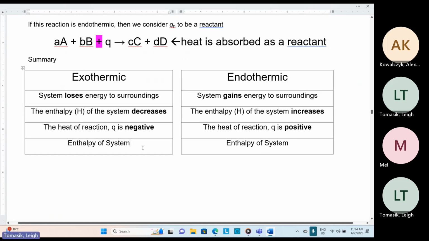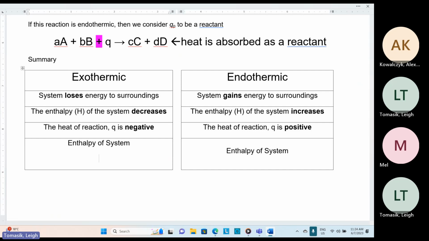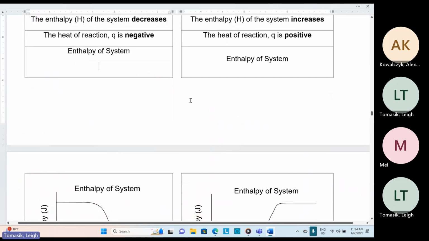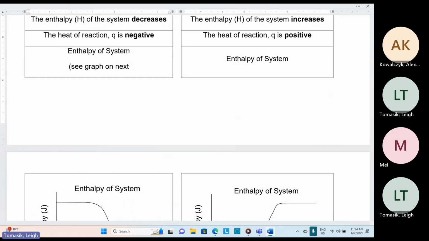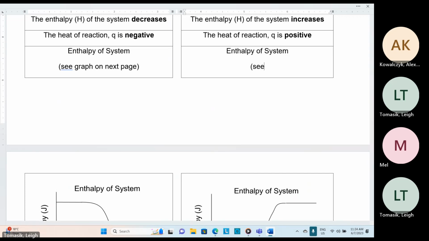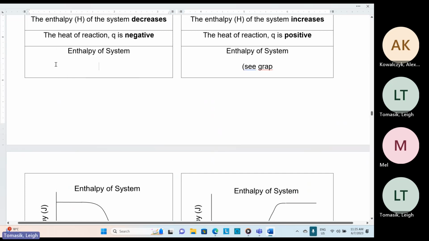And I have a feeling that something needs to be written here. The enthalpy of the system, is it on the next page? Oh, so we're going to see the graph on the next page. Actually, let's write the little bit about enthalpy of the system in an exothermic reaction at the top.